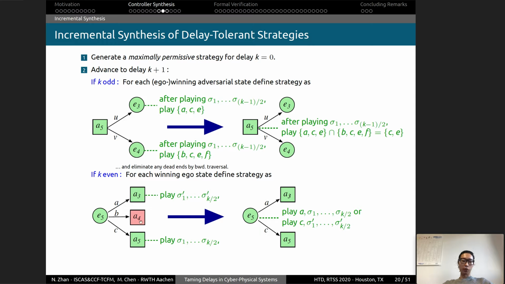So for sure he has to remove an action that goes to an unsafe state, but for the other actions, the only thing we need to do is to prepend such an action, say A here, to the play history, and here we have to prepend C to the play history, just to keep track of the game history. Now we can repeat the whole process until we are able to find a delay tolerant safe strategy, or we find that player 1 is not winning anymore.